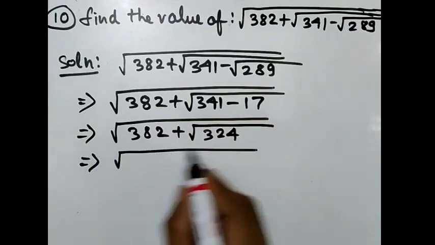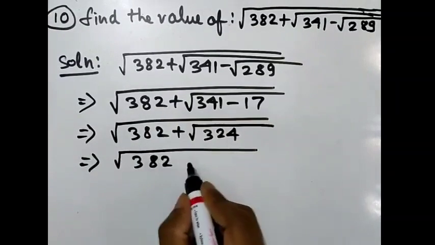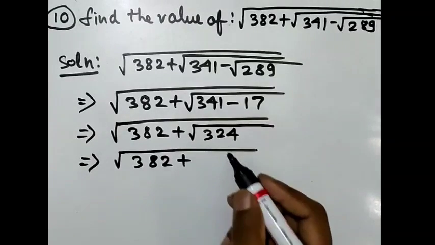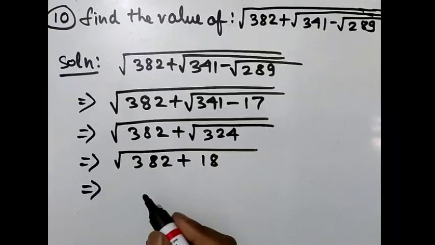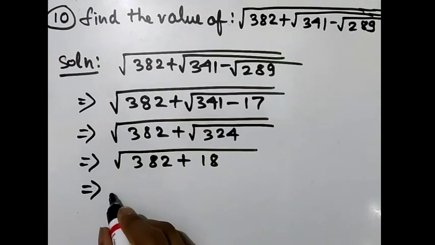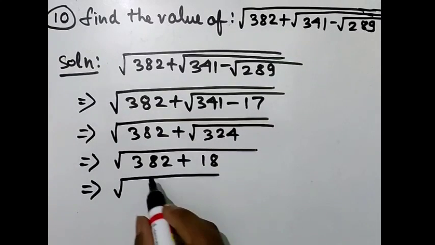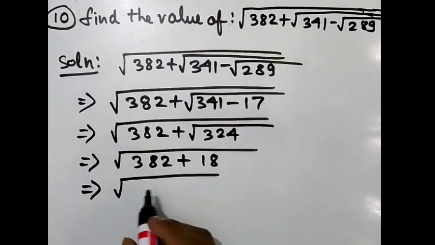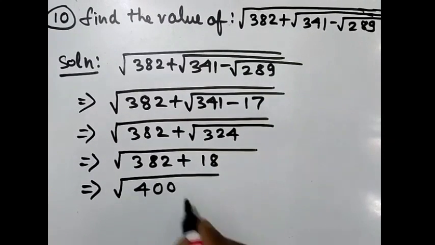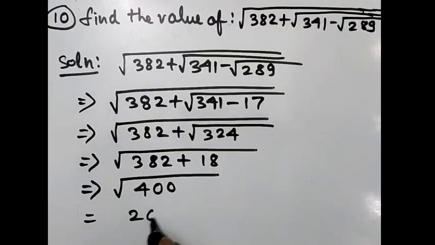So square root of 382 plus what is the square root of 324? 18. So finally we'll find the square root of 382 plus 18. So 382 plus 18 will give us 400. So square root of 400 is 20. So 20 is the answer.